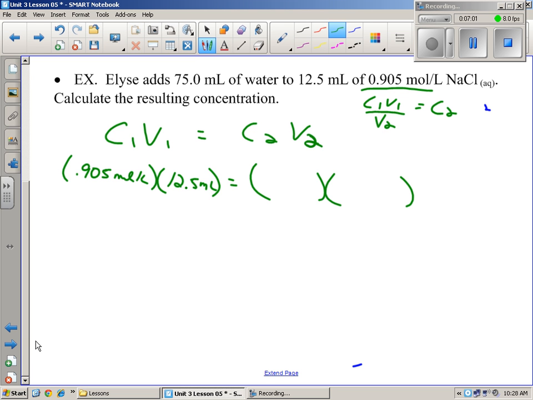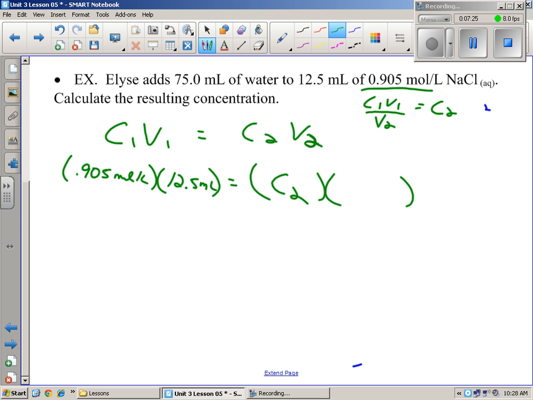Now, she's going to add 75 milliliters to what she already has. So she adds 75 to 12.5 with a concentration of 0.905. What's the resulting concentration, C2? The question is this.